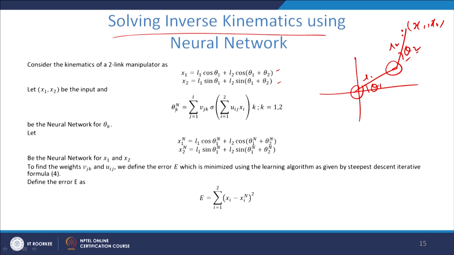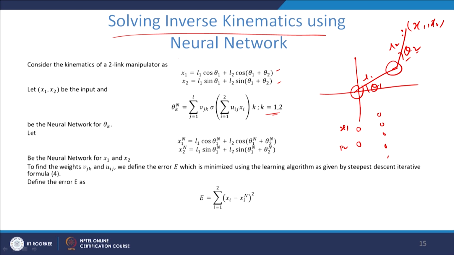Let us consider the neural network value of theta k, where k is 1 to 2. Theta 1 n and theta 2 n are calculated by this neural network. Let us consider the input is x1, x2, and we consider hidden layers.